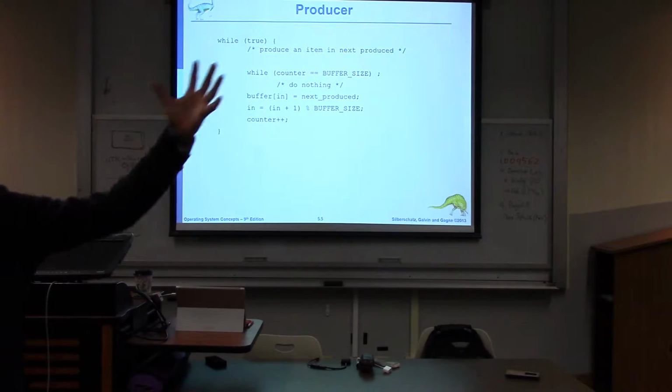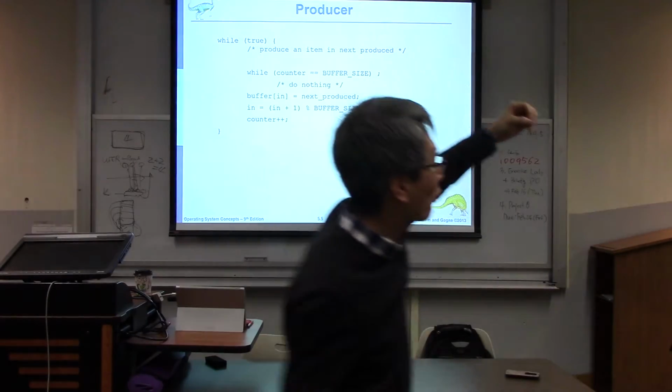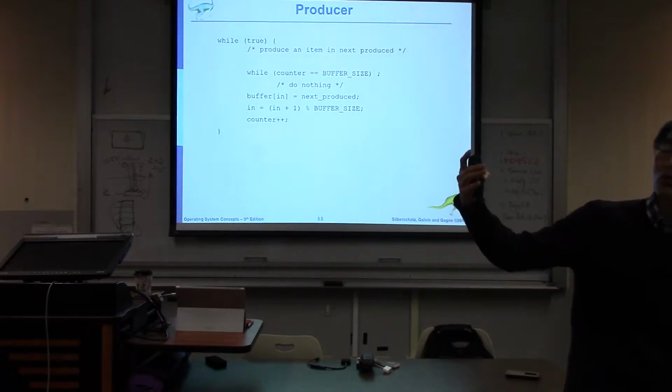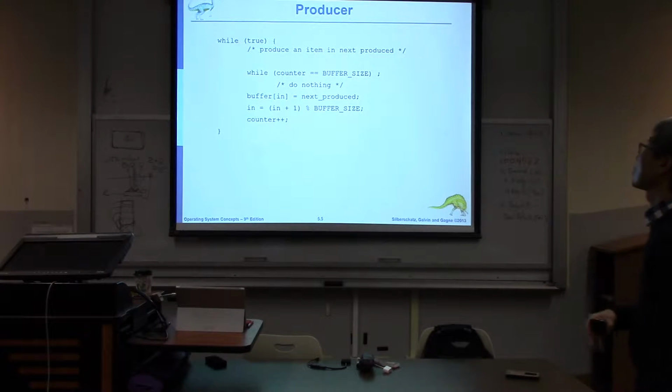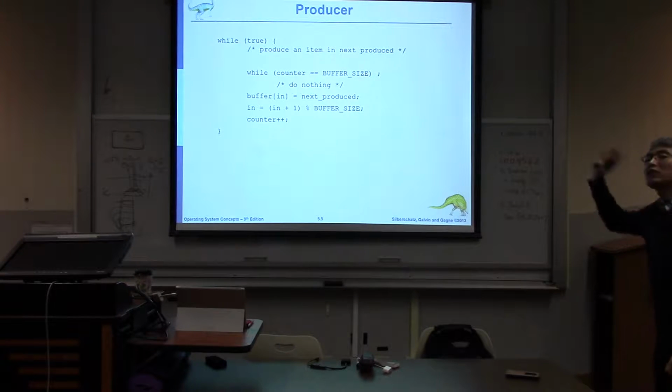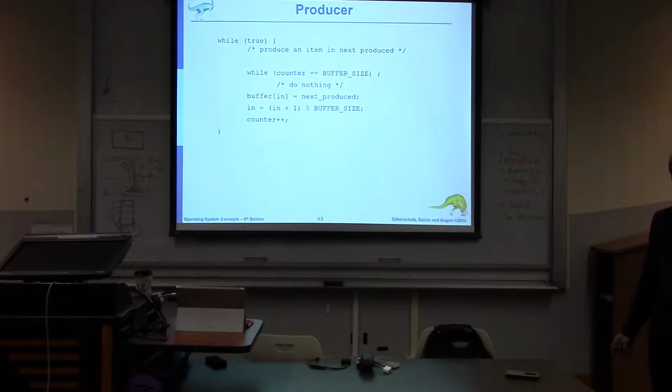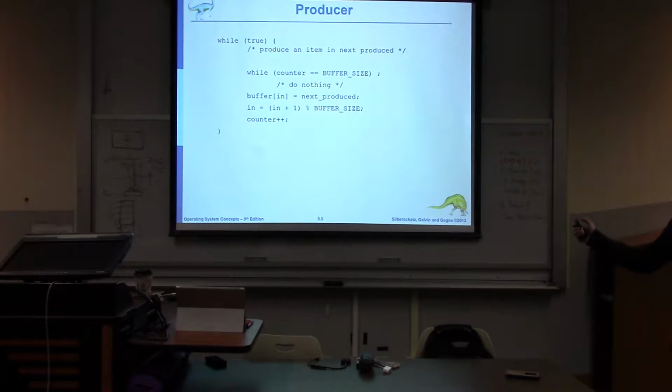And one process generating the data and the other process reading the data is also a producer and consumer problem. We will see some other examples of modeling later, like the dining philosophers problem, and there are different types of models.